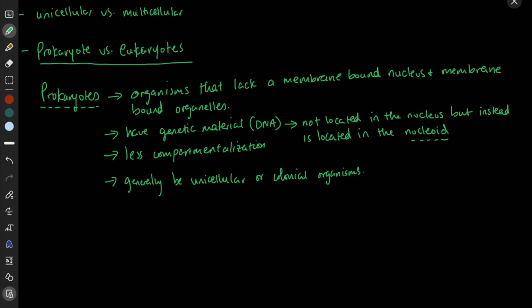So prokaryotes tend to be unicellular or colonial in nature, because again, they don't have the compartmentalization, which means that they can't efficiently get to a larger size, and they can't efficiently get to being a multicellular organism because they don't have that compartmentalization, which confers great efficiency. So that's what prokaryotes are. A good example of prokaryotes are bacteria.